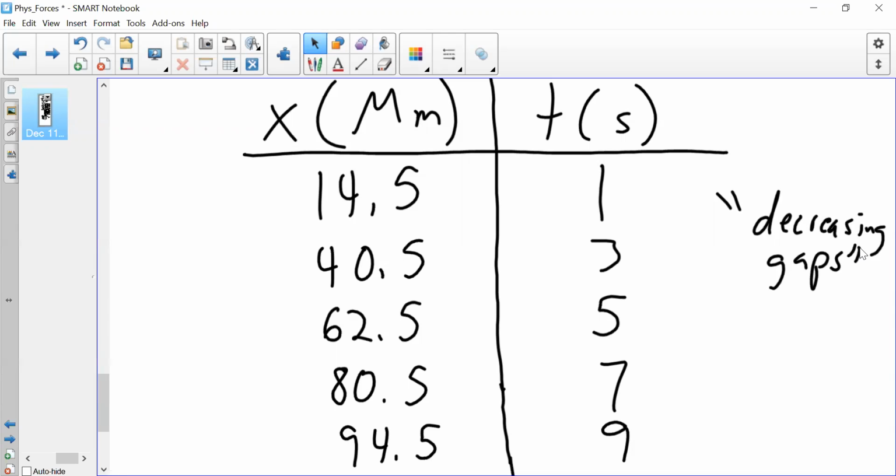Decreasing gaps, that tells you right away that whatever my first velocity is, that value would be the velocity at 1 second. That's my first time in this case. Other cases would be 0, that we've seen before. So this is just a new set of times, interval of time, set of times.